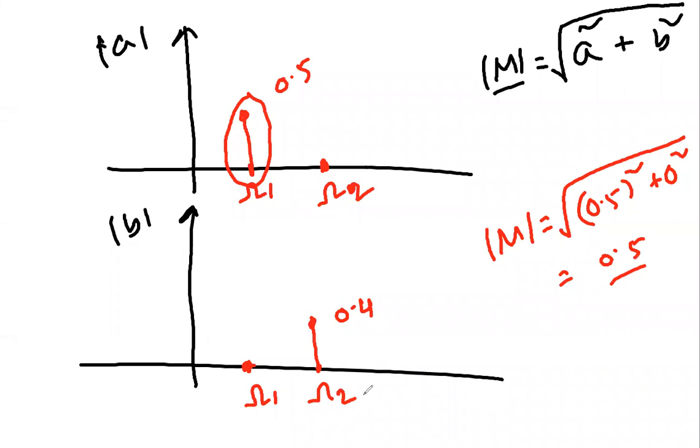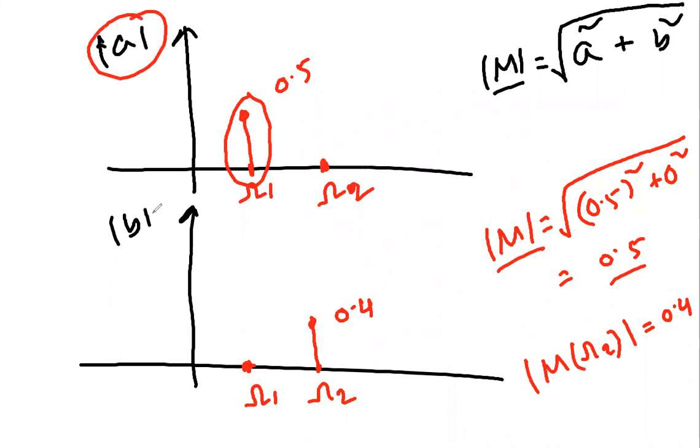Do you have the magnitude response for that? The answer is yes. The magnitude response for omega 2 equals 0.4. That means to find the magnitude response, you need both the real part and the imaginary part.